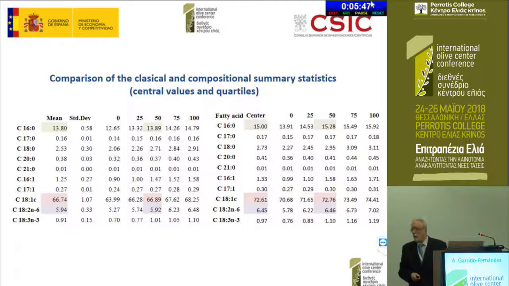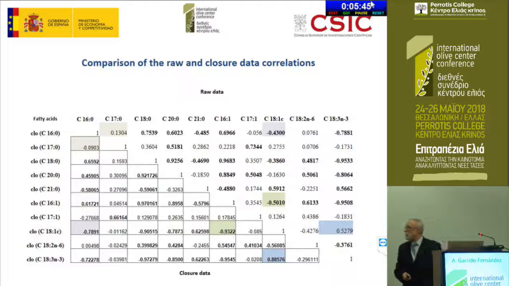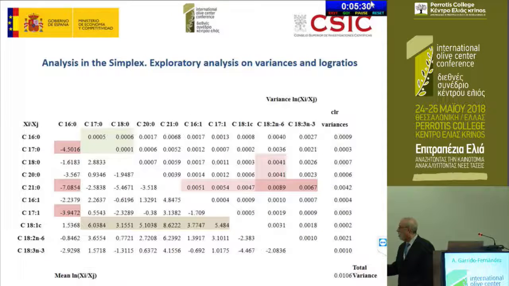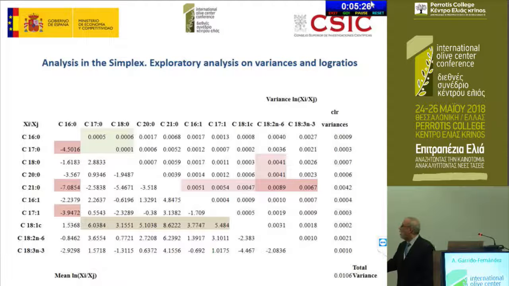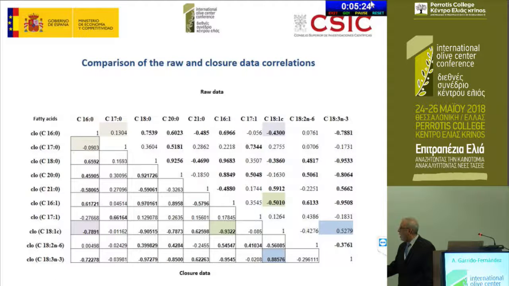An important step also is the estimation of the correlation, because all the multivariate analyses are based on correlation or covariance. Here we can see the correlation between two similar fatty acids.